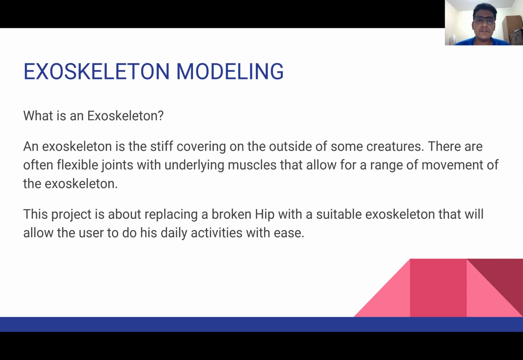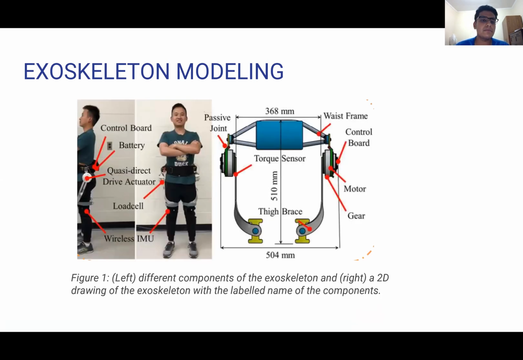These exoskeletons are usually used by people who have fractured different organs like legs, knees, or arms, and the main purpose is to allow human beings or living creatures to live like a normal person, as if nothing happened to those organs, and replace the functions of those organs using mechanical equipment.